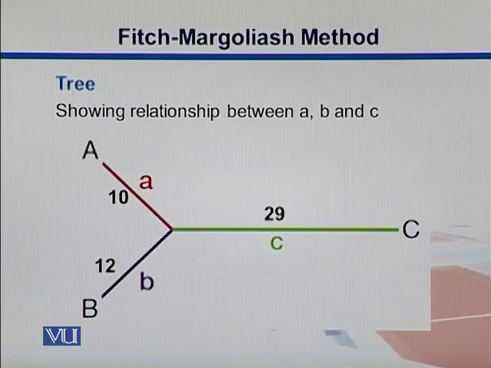So this small letter a is the branch length from this internal node to A, which is equal to 10, b goes to 12, and c goes to 29. In this, since we are also having assumptions of additivity, the distance between A to C is 10 plus 29, that is equal to 39. Same way A to B are at a distance of 10 plus 12, 22, and B and C have a distance of 41.